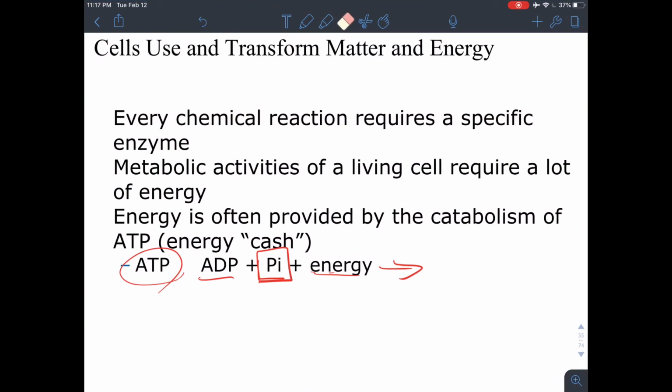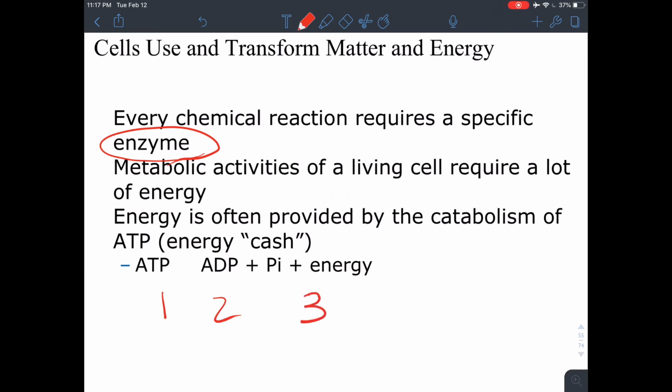So the idea is that for every chemical reaction in the body, every biochemical reaction, we have an enzyme that is required to work towards that reaction, okay? And they're very specific. If we're making ATP, there's an enzyme for that. Or along the process, let's say that there are 6 steps to making ATP.